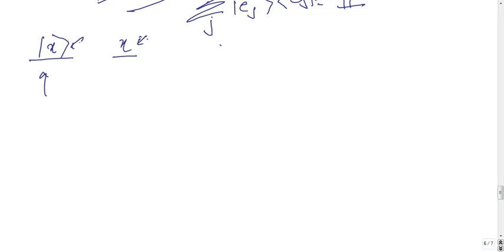This is not real. This is a fashion of writing, saying that if my quantum system is in this state, then it must be in this position x.